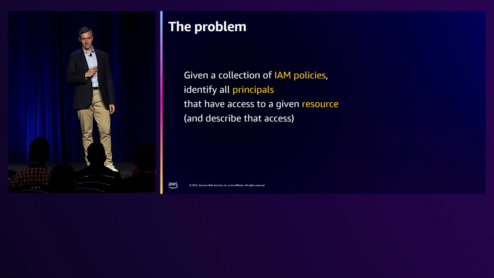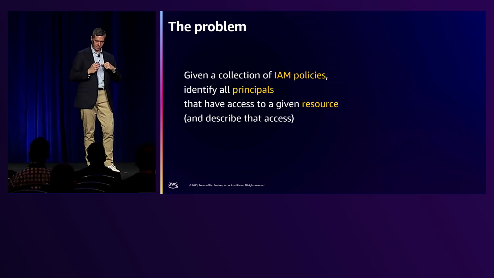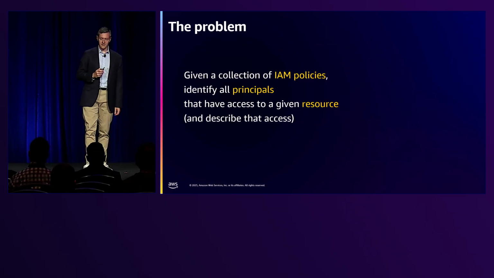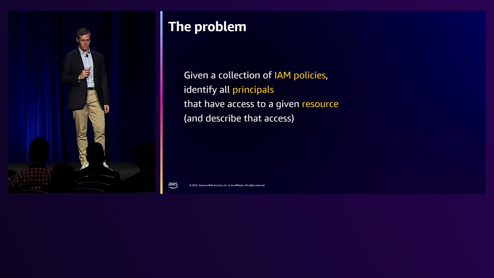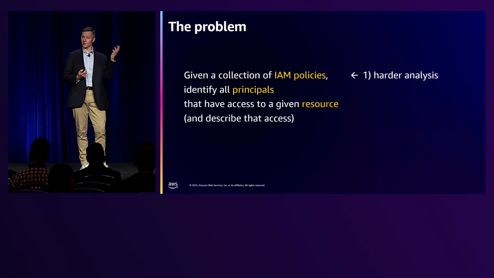So, given a collection of IAM policies, all the policies, now we have to identify all principals that have access to a given resource. So, more policies equals much harder analysis. With external access analysis, we only had to look at the resource policies. Now we have to look at all the policies, all at once.